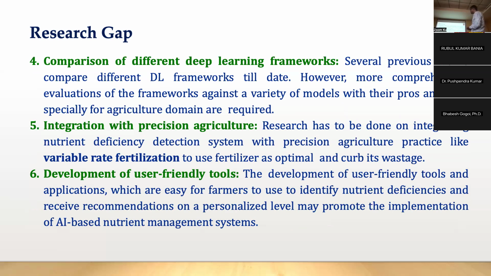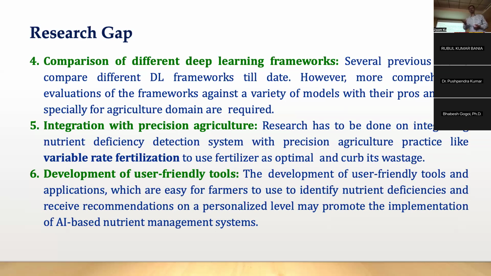And the fifth one is integration with precision agriculture. Research has to be done on integrating a nutrient efficiency detection system with precision agriculture practices like variable rate fertilization, to use fertilizer optimally and reduce wastage, because in most scenarios we have seen, farmers use fertilizer in a blanket dose for all the crops.